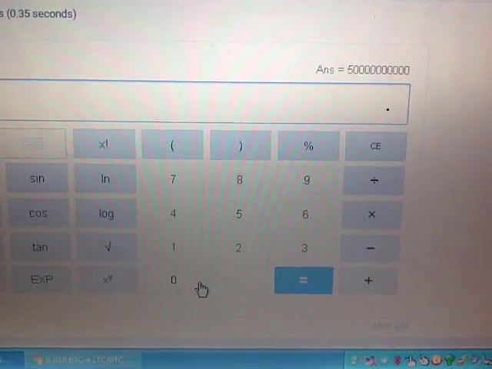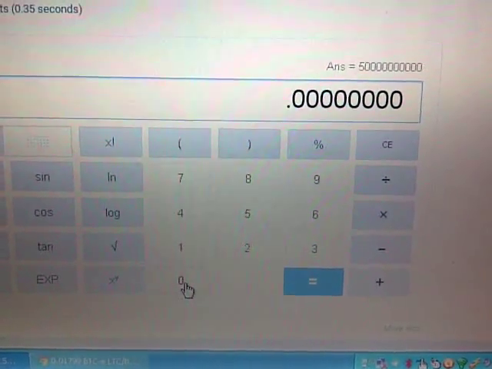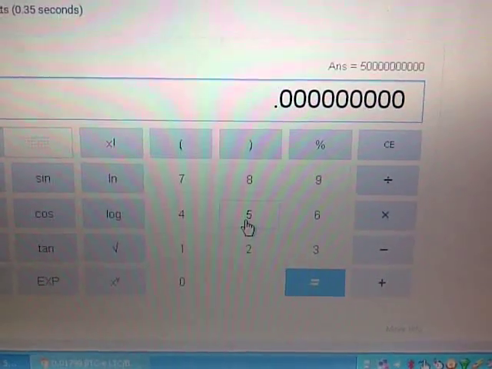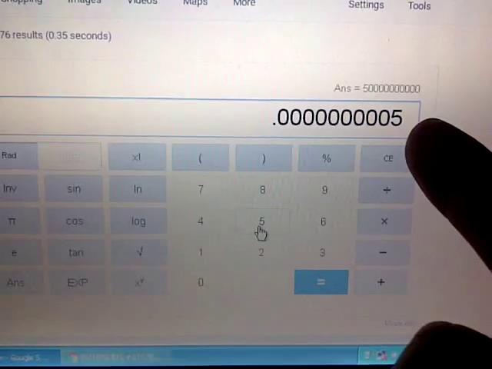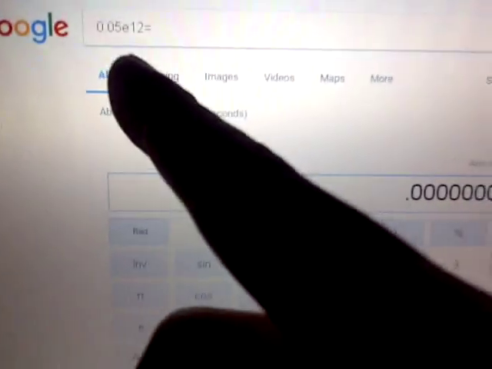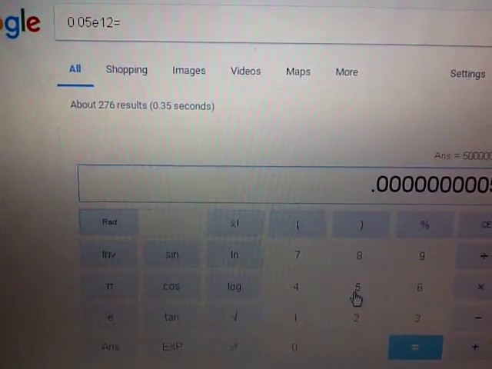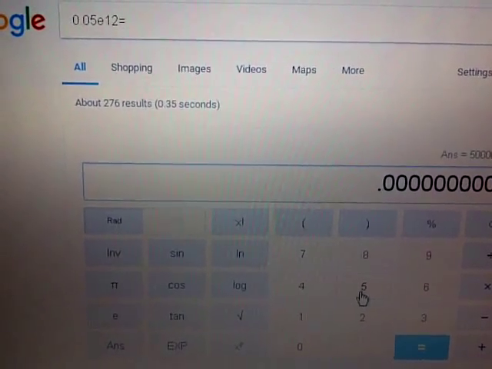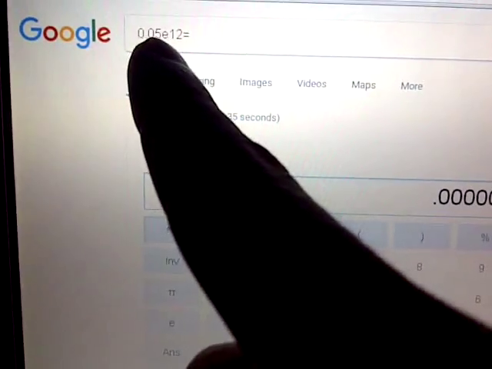Let me see. 1, 2, 3, 4, 5, 6, 7, 8, 9, and then 5. So you basically invert it. It looks like this. So if you know what this is, 0.05 to the 12th power, it's basically 5 and 9 zeros, because you've got 0.05, which is 2 digits.